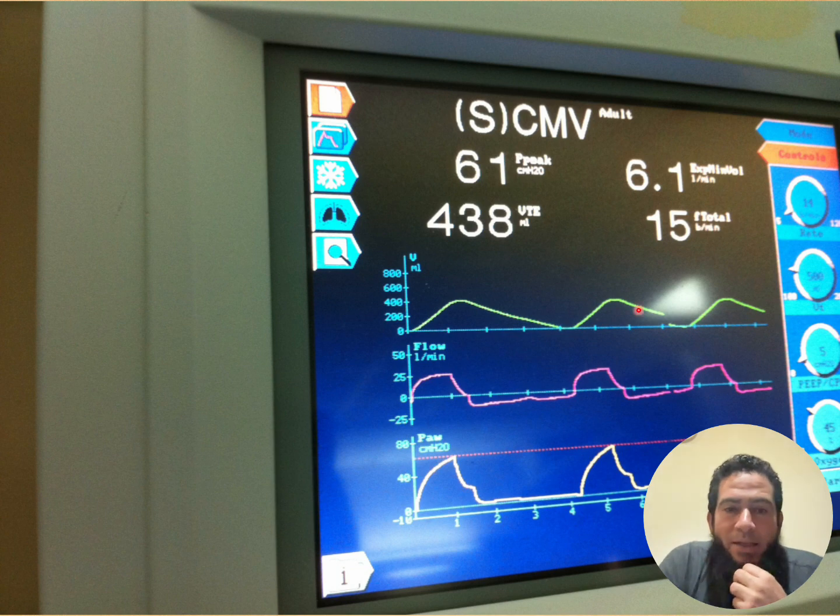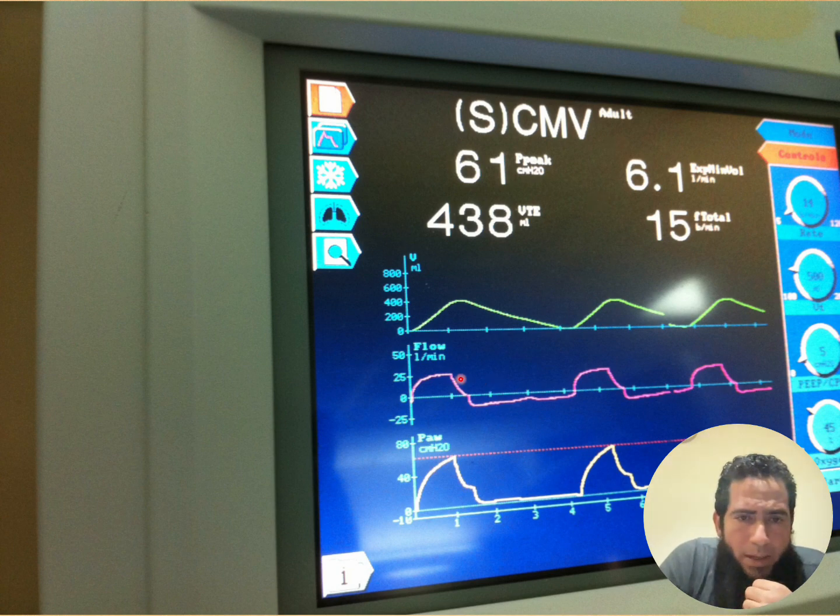So that was a picture from a ventilator I took myself in one of my patients. And here, if you can see, here is the flow curve and here is the pressure curve. And that's the main thing we want to discuss. So the pressure curve, the peak is 61, which is actually very high.